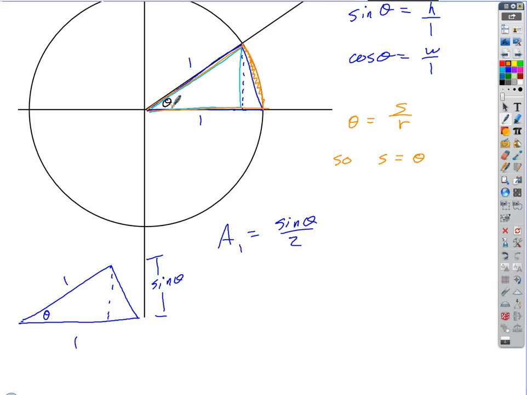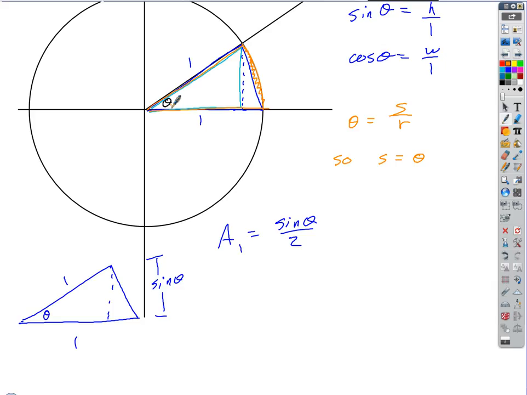When I say predictable, we don't know how big theta is, right? Theta could be pi fourths, theta could be 11/16 pi, it could be anything. It's just theta. But in terms of theta, you should be able to define the fraction of the total area of that pizza that's represented by the orange sector.